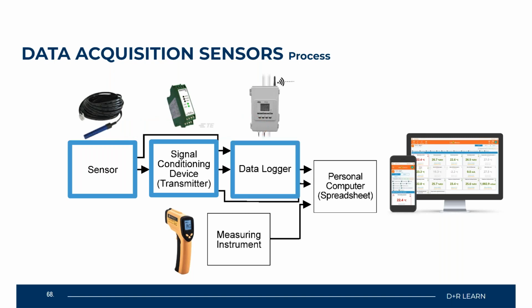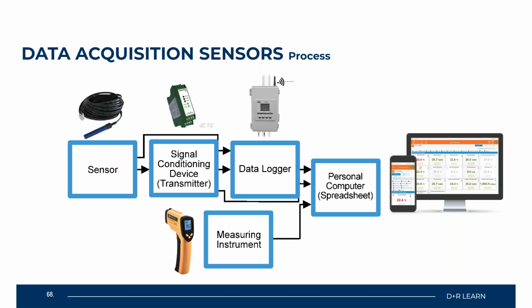And the data logger we just finished talking about is a compact battery powered device with an internal microprocessor and data storage. It's able to accept the data that we are looking for, hold on to it in its storage until we're ready to transfer that information over to our personal computer through the spreadsheet that is available on that system.